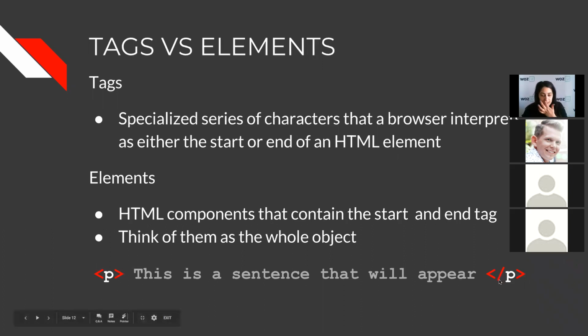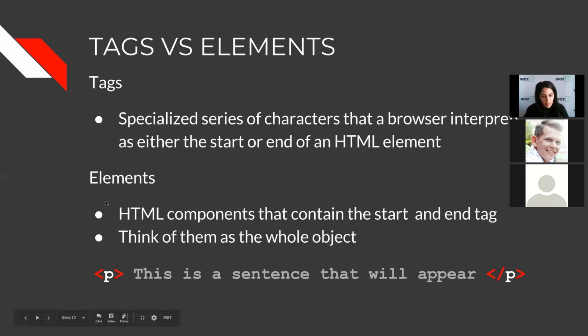With the slash, this is saying this is the end of the paragraph element. Almost 95% of all HTML elements have an opening and closing tag, so every time you open a tag, make sure you are closing it. There are a handful that are self-closing and don't have a closing tag, but we'll go over those.